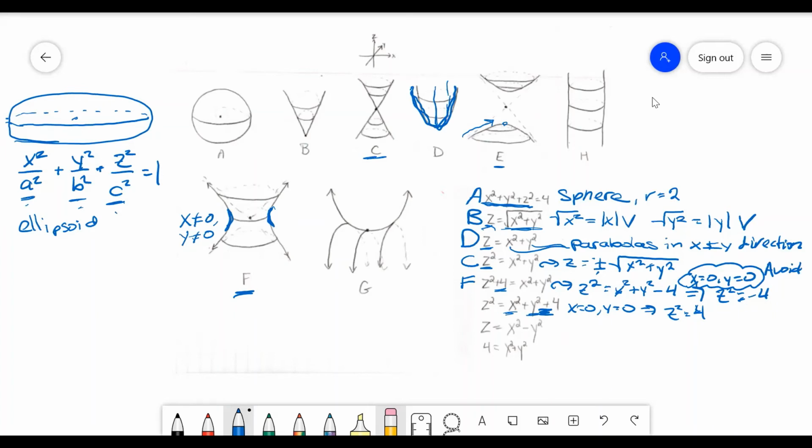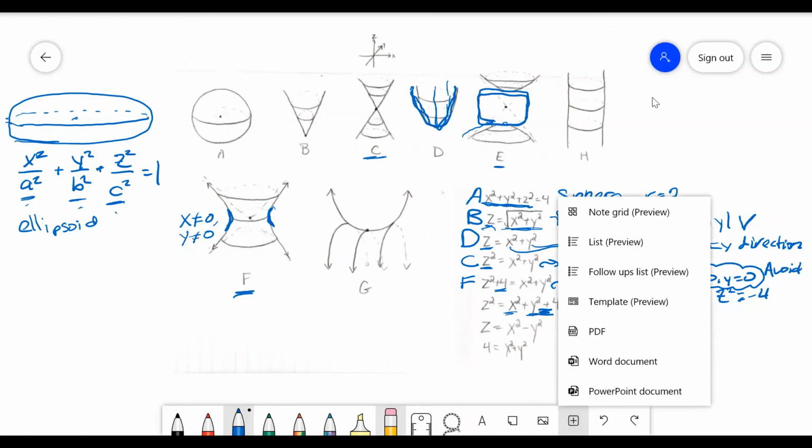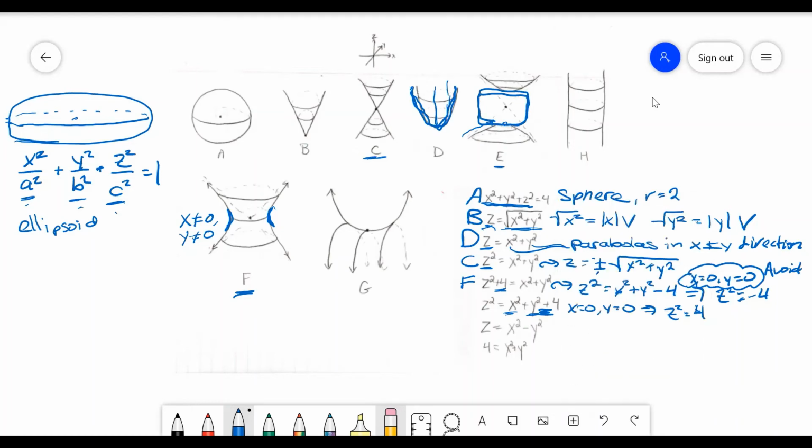And the only one that has a restriction on what z is actually allowed to be is going to be E, because we have this gap here in the middle, which means that z can't fulfill any of these values here. So that's going to correspond to E because of that break.